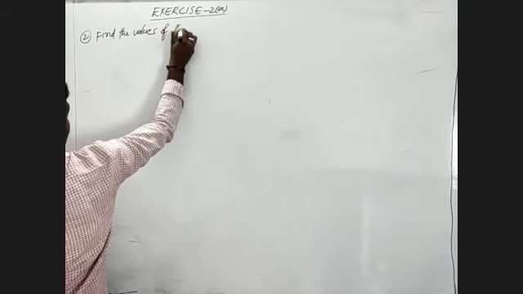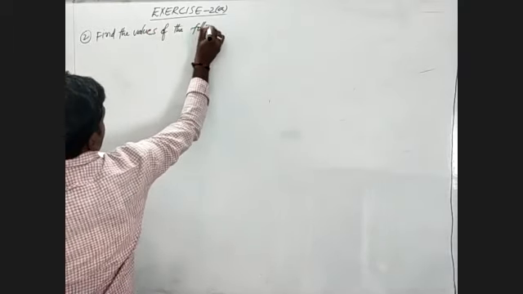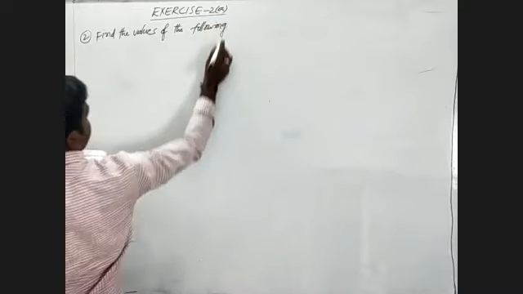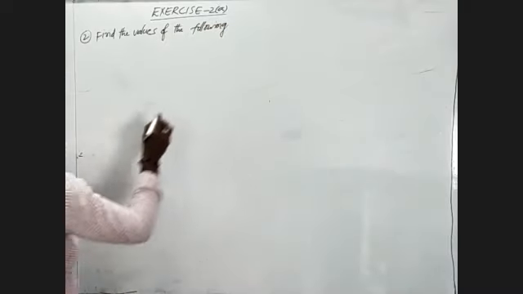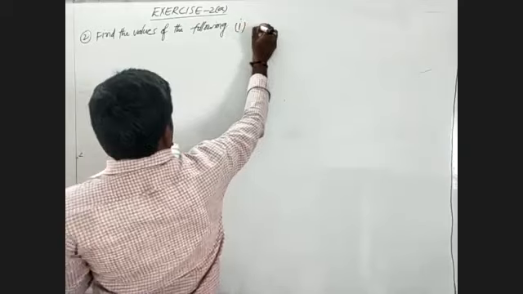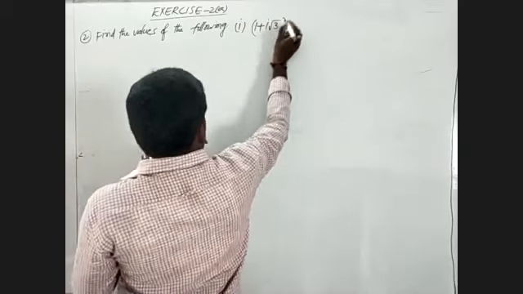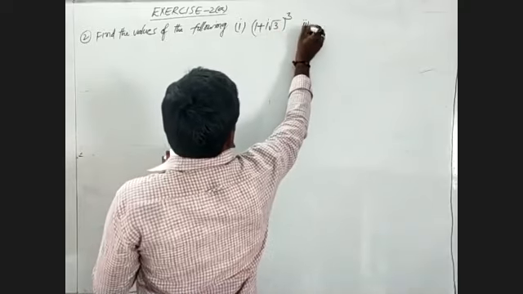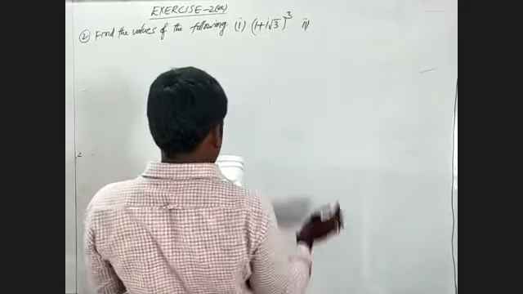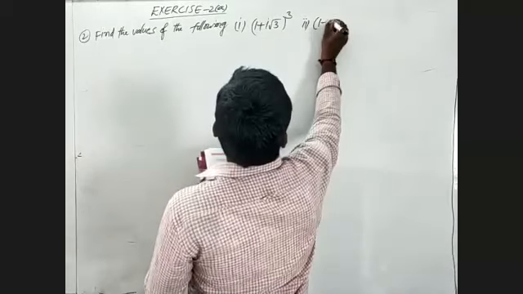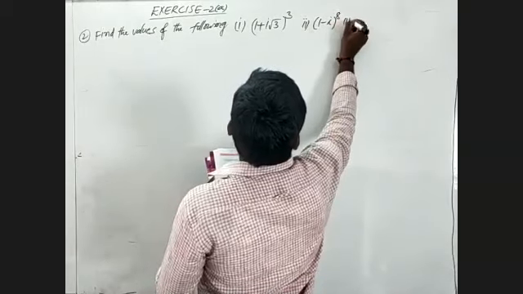Find the values of the following. The first one is (1 plus i root 3) whole cube. The second one is (1 minus i) whole power 8.